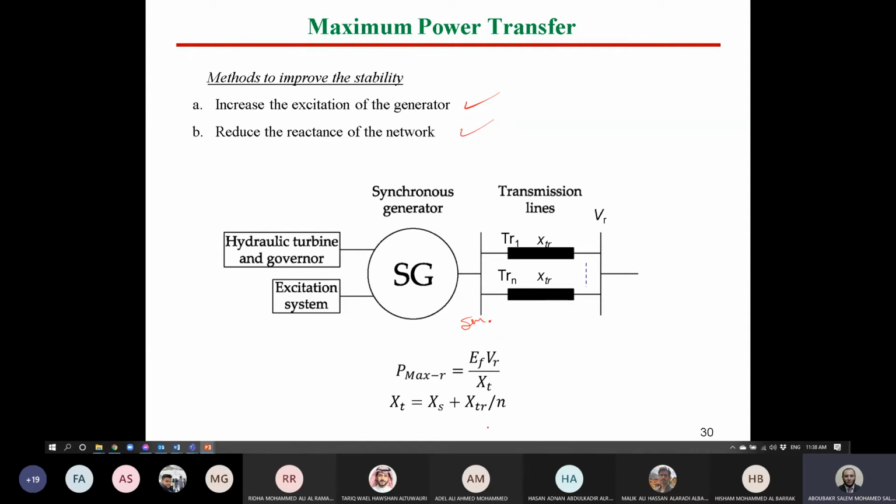So this is the way to improve the stability by decreasing the reactance.